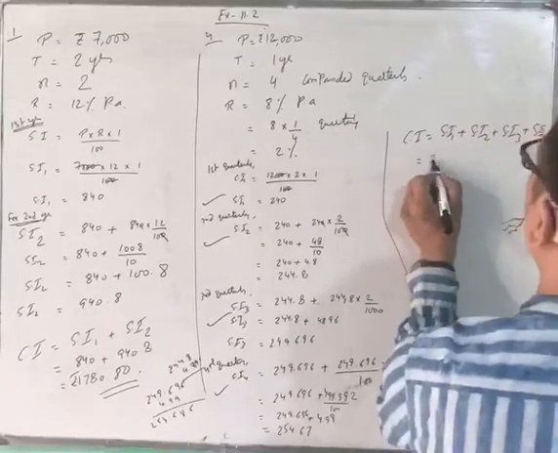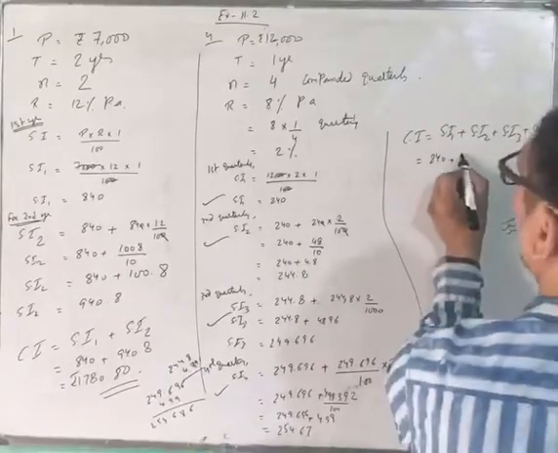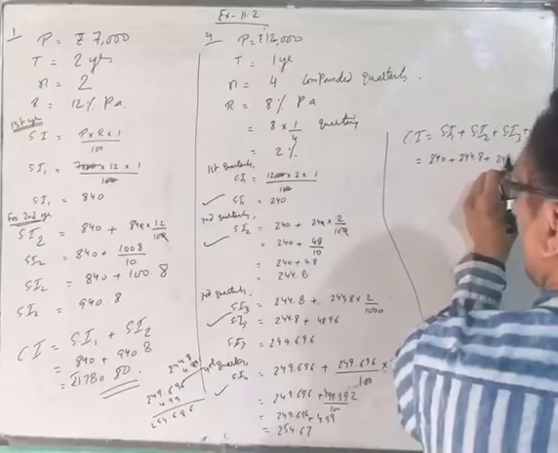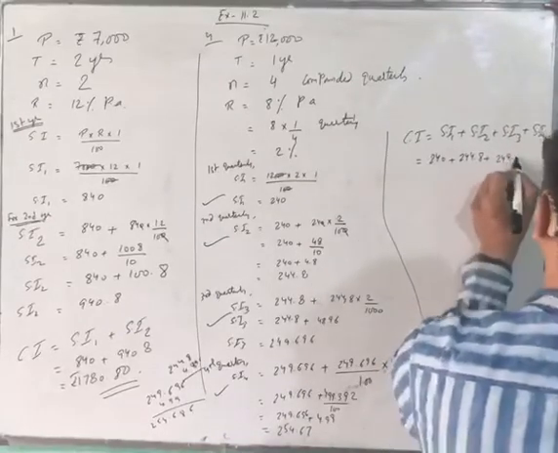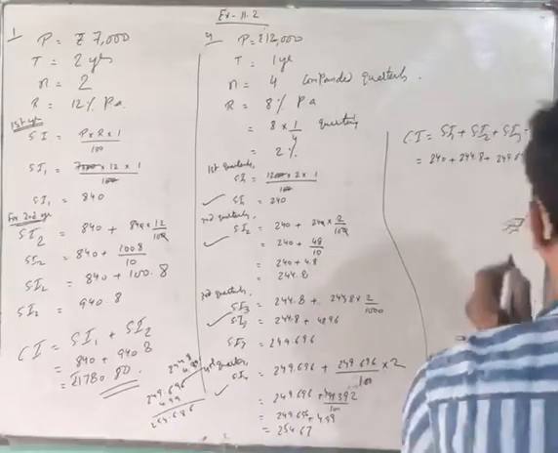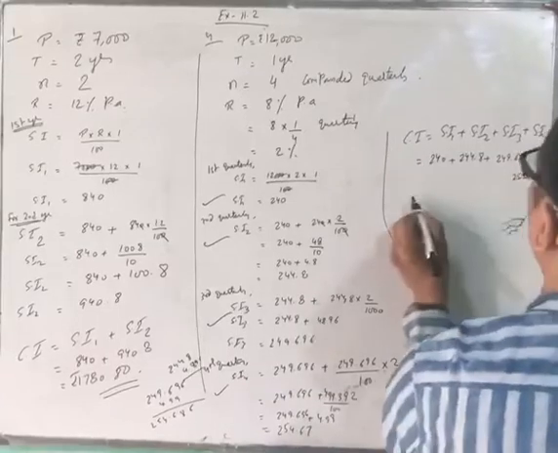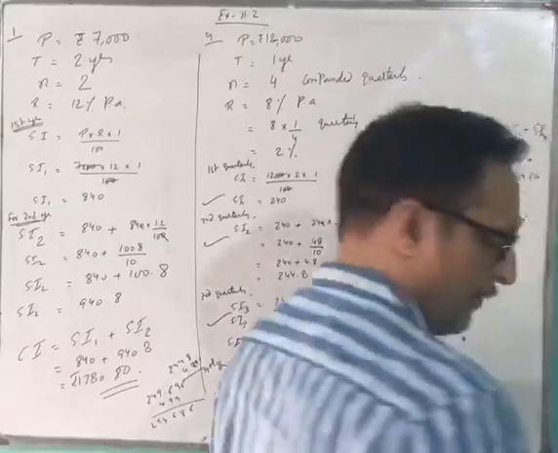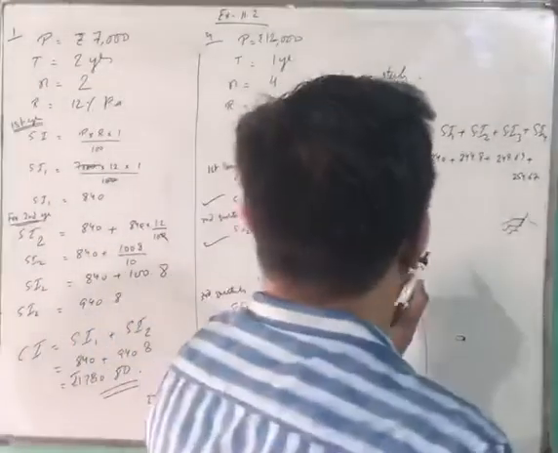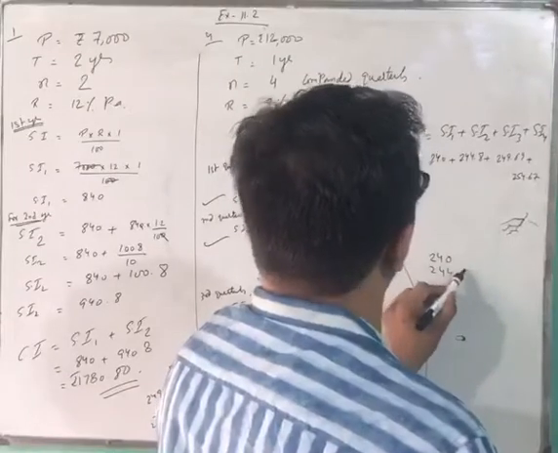You have to sum up 240, 244.8, 249.69 plus 254.67.